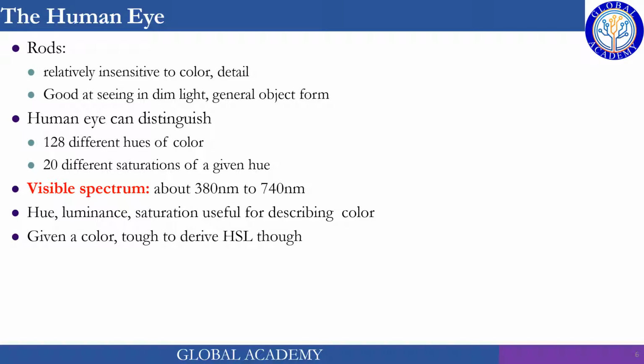And mostly we describe color by its components like hue, which describes the color, luminance and saturation. And we have so many other forms like HSL, which we will discuss in detail later on. In industrial standards, LCDs can display about 16 million colors.